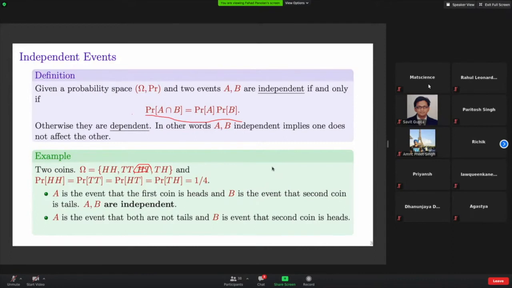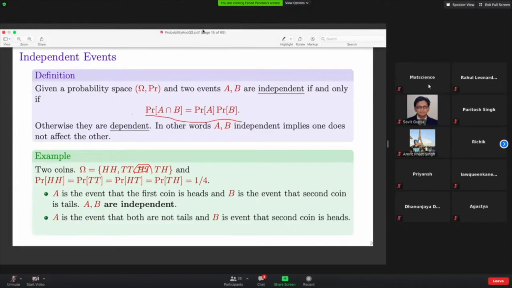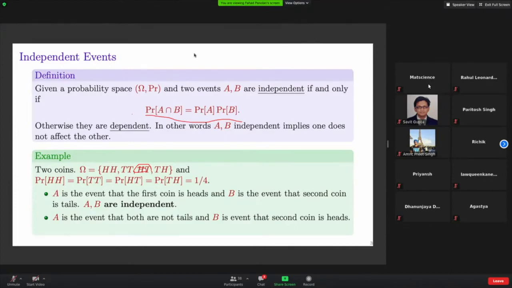What do you think? They are dependent. Now, what is the reason?